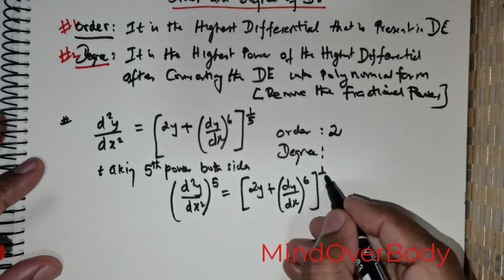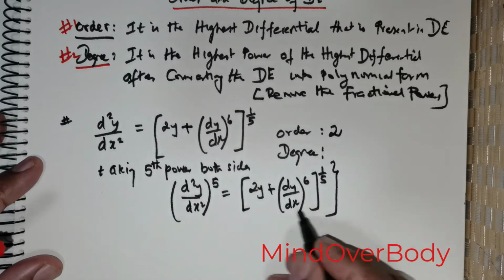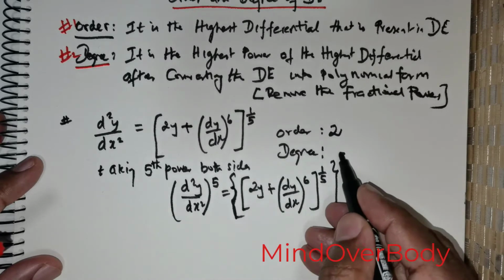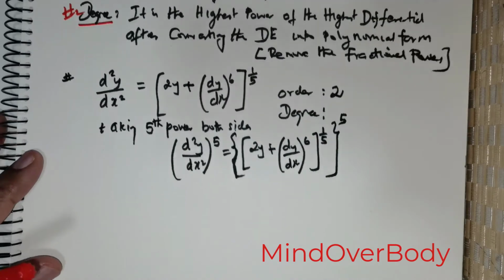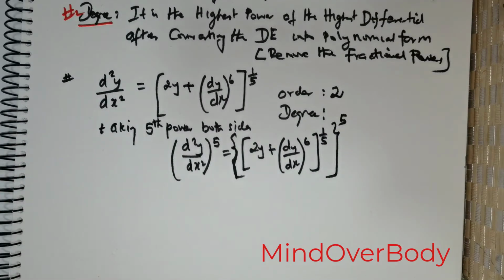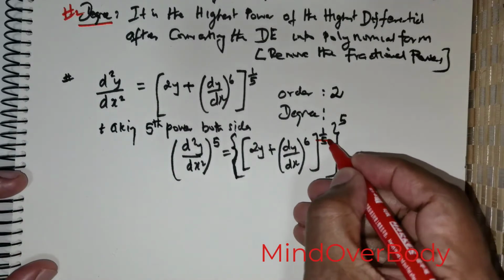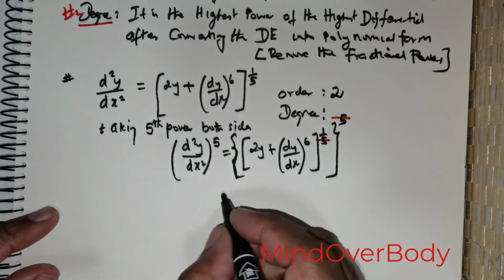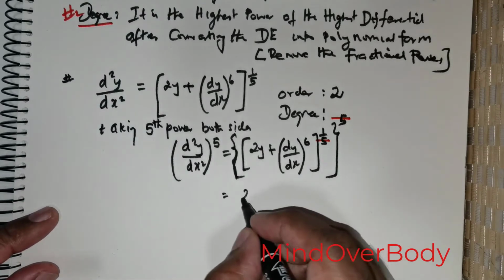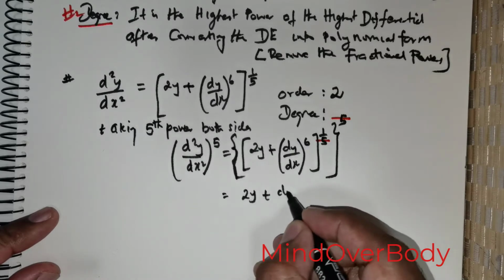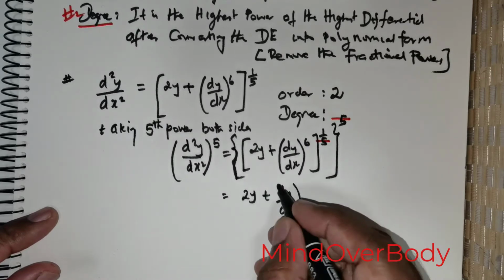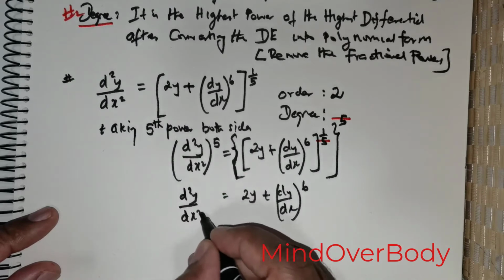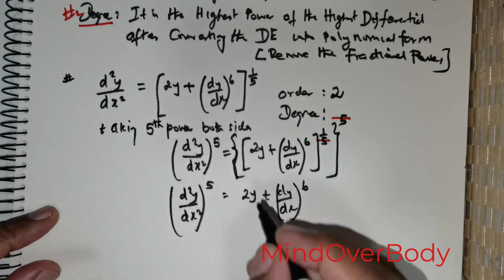This is 1 over 5. This entire thing has to be raised to the power of 5. So what happens when you do that? Clearly you can see the 5 and the 5 will cancel, and that would leave me on the right hand side 2y positive dy over dx raised to the power of 6, and on the left hand side it is d squared y over dx squared raised to the power of 5.